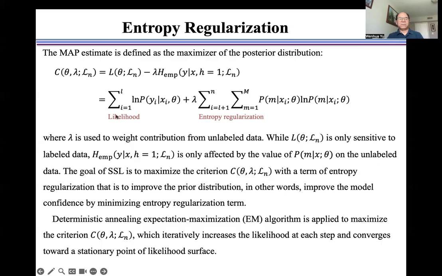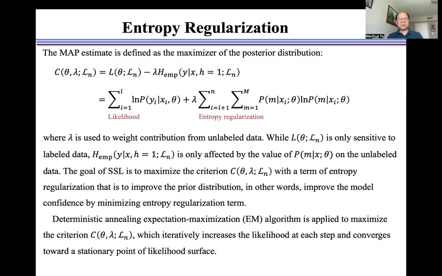And this is the likelihood term, and this is the entropy regularization term, where lambda is used to weigh the contribution from the unlabeled data. While L is only sensitive to labeled data, H_emp is only affected by the value of p on the unlabeled data.